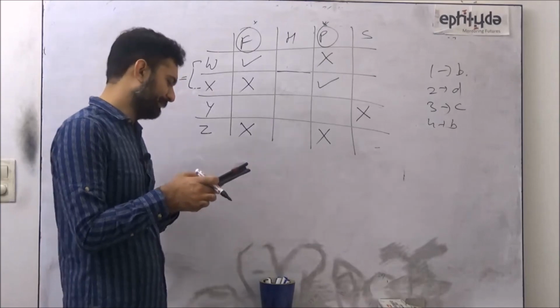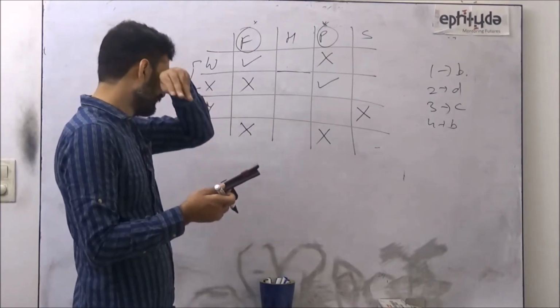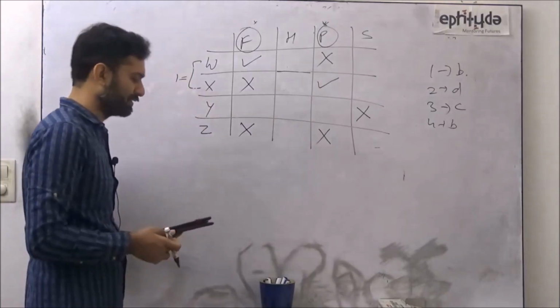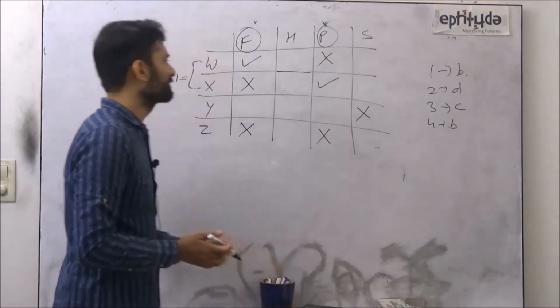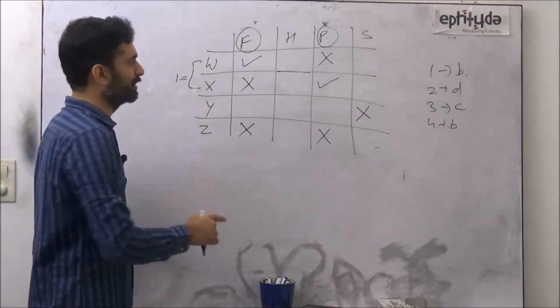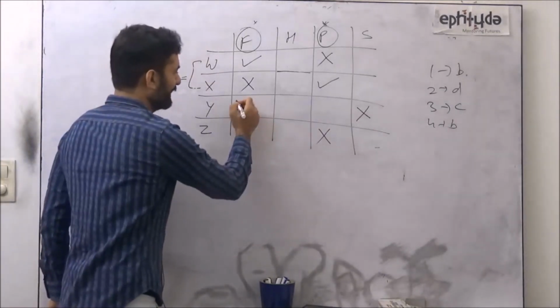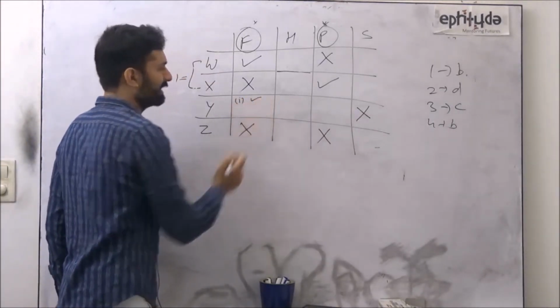If medicine Y has more than one side effect, so let's make the cases. Case number 1 is more than one. So this is out. Right? So in case 1 you have this.